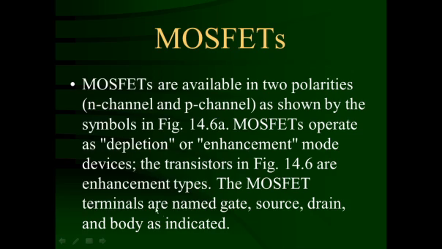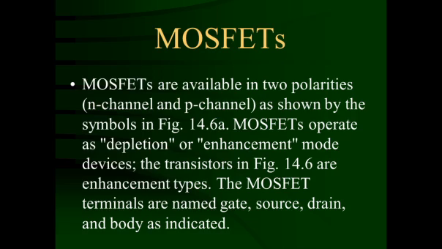The MOSFET terminals are named gate, source, drain and body as indicated. Gate is analogous to the base, source is analogous to the emitter and drain is analogous to the collector in a BJT. Remember. So, there are depletion mode as well as enhancement mode devices.